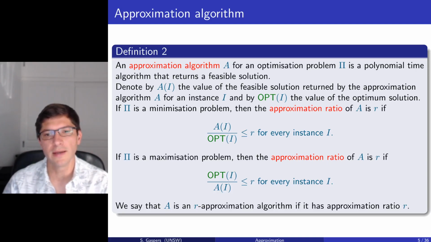We say that A is an R approximation algorithm if it has approximation ratio R. And notice that if your algorithm is a 2 approximation algorithm, then it is also a 3 approximation algorithm, because if this ratio is at most 2, then it's also at most 3, right?